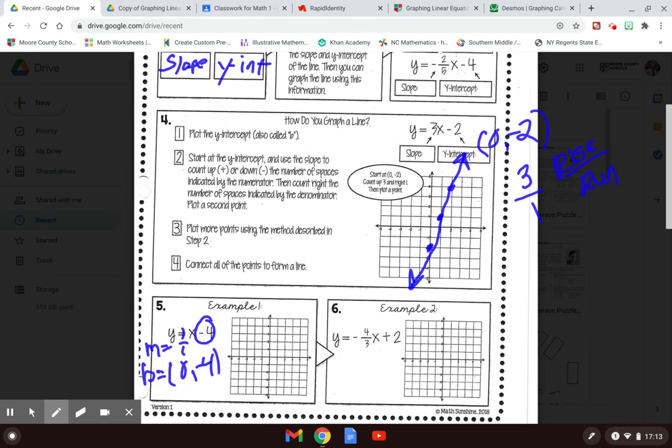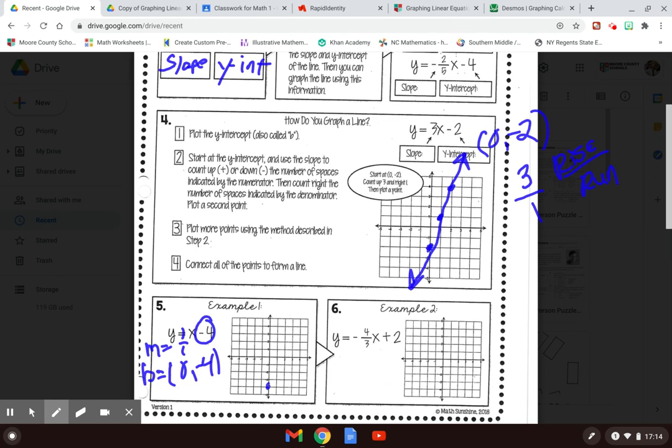All right, so let's follow our steps. First thing I do is plot my y-intercept at (0, -4). So here's my origin (0, 0). I go down to -4 and I place a point there. The next thing is to start at the y-intercept and count rise over run. And remember, we always graph from left to right, even when you're graphing a negative slope.